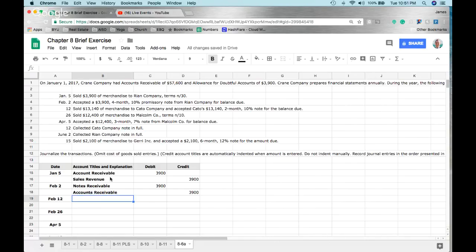$3,900. February 12th, sold $13,140 of merchandise to Cato Company and accepted Cato's $13,140 2-month 10% note for the balance due. So what we're going to do on that one is notes receivable, because we're making another loan here.